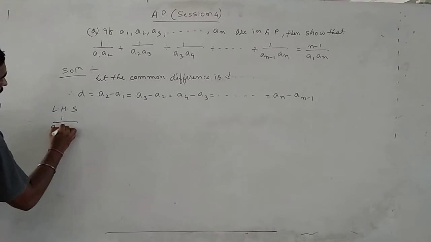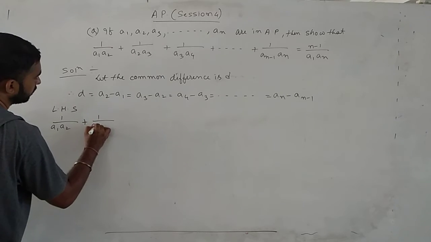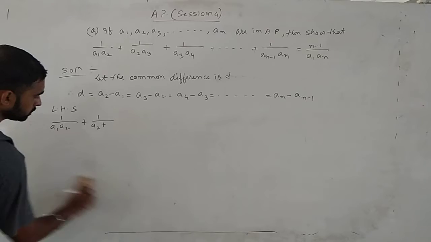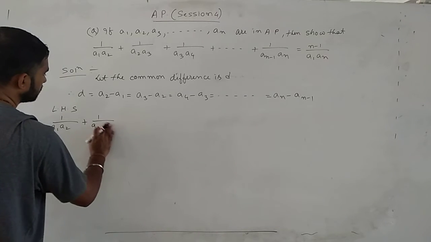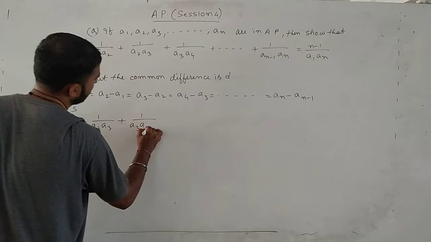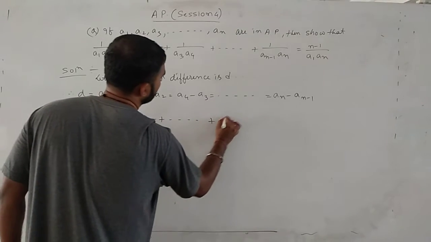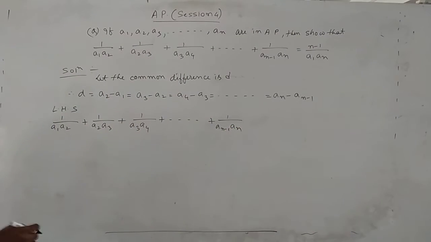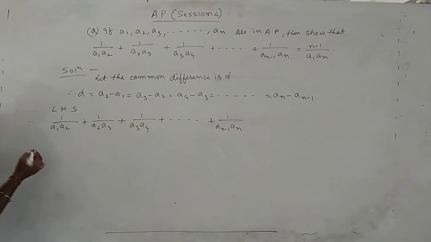1 by a1 a2 plus 1 by a2 a3 plus 1 by a3 a4 plus 1 by an minus 1 an. Now the next step is the main step.